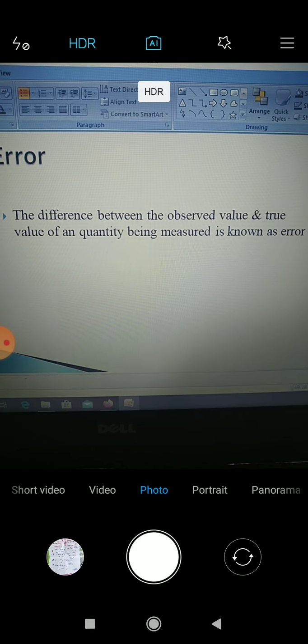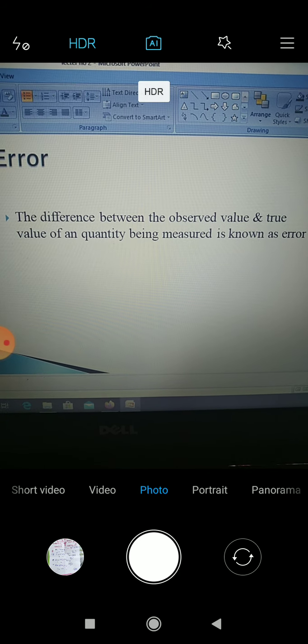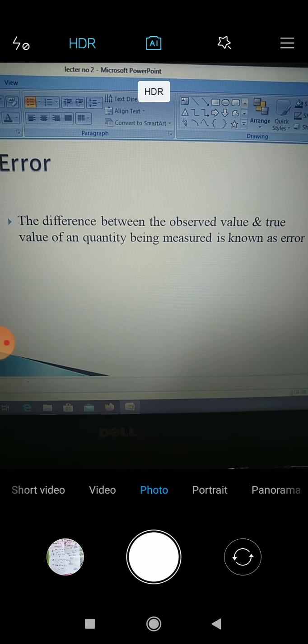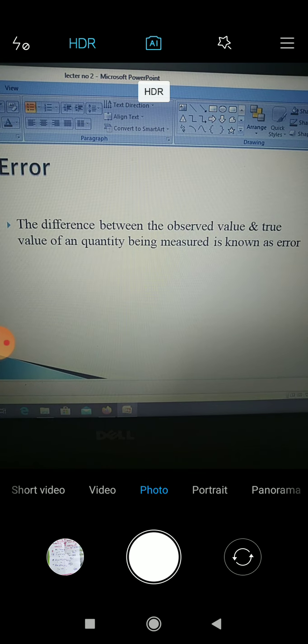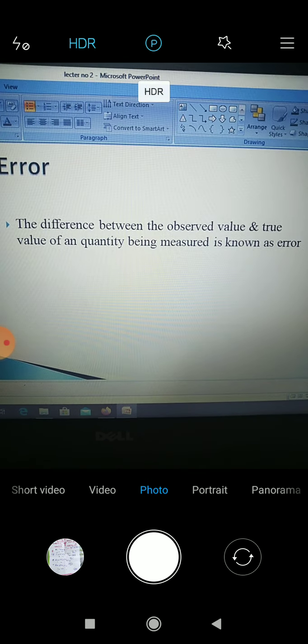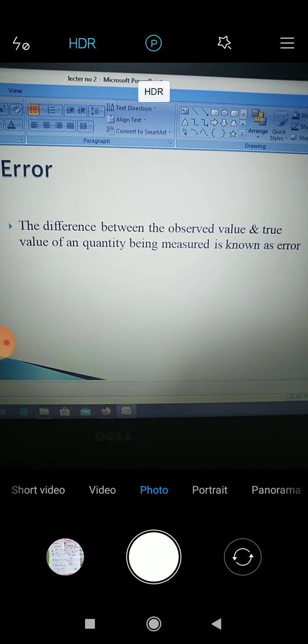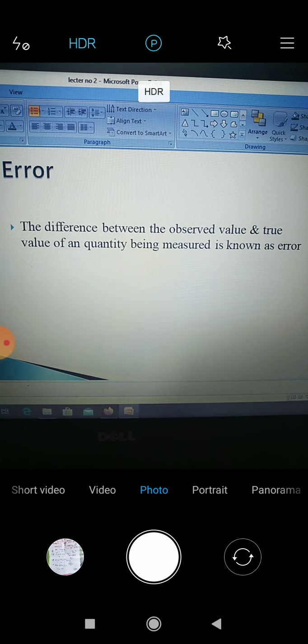The true or standard value is 15 volts. If I provide the 15 volt input and the instrument's observed value is 10 volts, the difference is 5 volts. So that is the error.